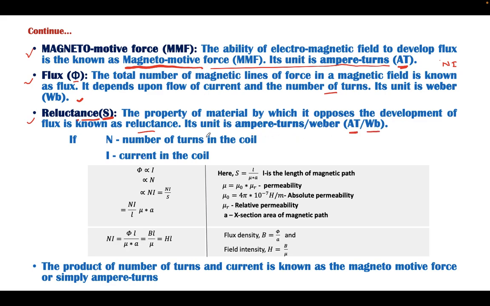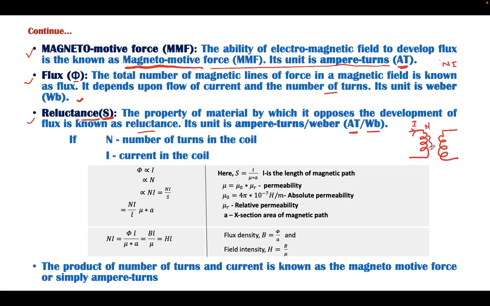If in any magnetic circuit, here meaning the coil, this coil is energized with an AC or DC supply, then some EMF will develop in this circuit, and the flux developed due to this coil depends upon current and the number of turns.